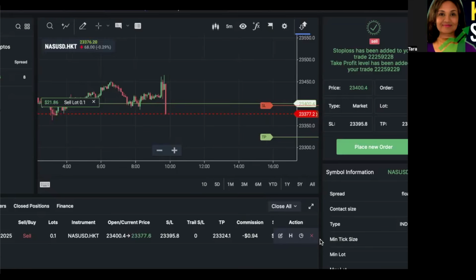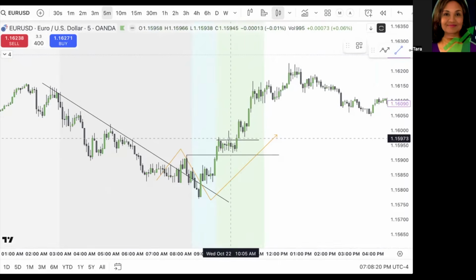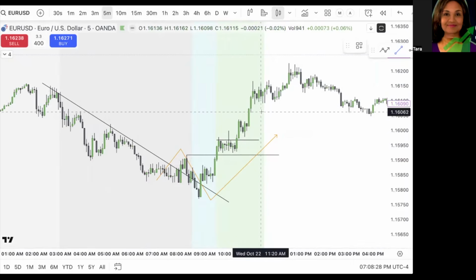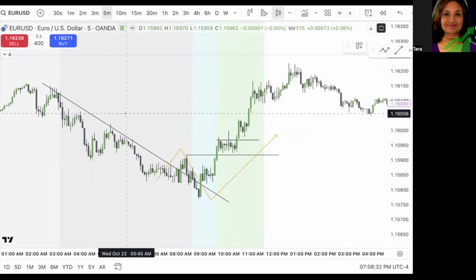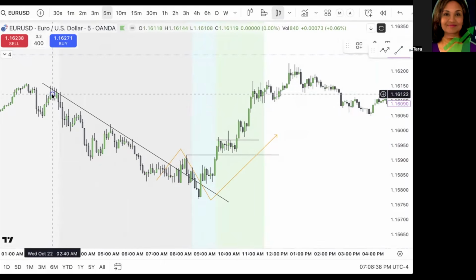And we also want to be sure that once we reach an area of support or an area of resistance, that we secure some profit. So if we were to enter the trade, for instance, if we were to enter here after this wick area, wait for our break and our retest, then we would want to be sure that we get some profit at the next area of support. So we would just look left and we can see that the next area of support would be right around in here.